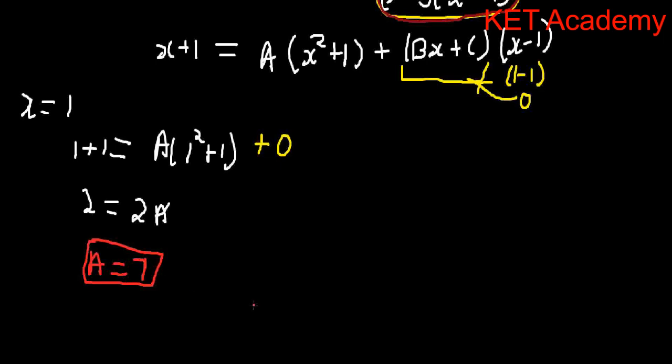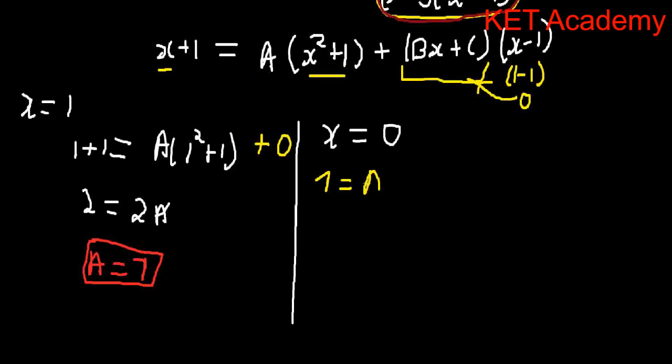Now which value of x are we going to put such that we get the other constants? Let's this time let x be equal to 0. Putting 0 here, we get 0 plus 1, which gives us 1, equal to, putting 0 here, 0 plus 1 gives us 1; 1 times a gives us a.